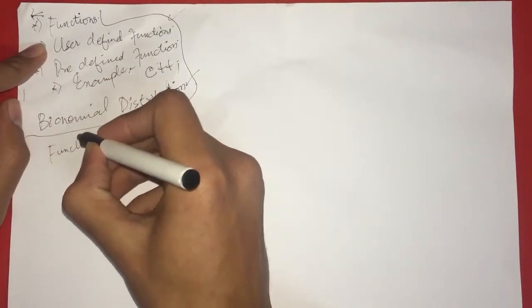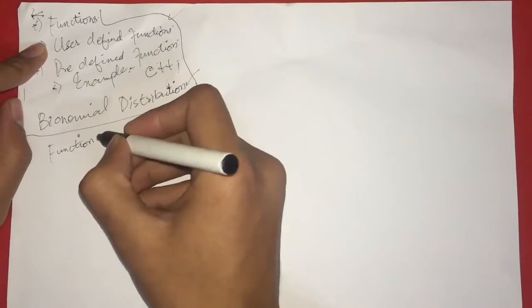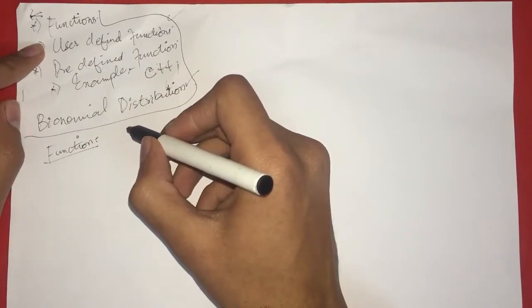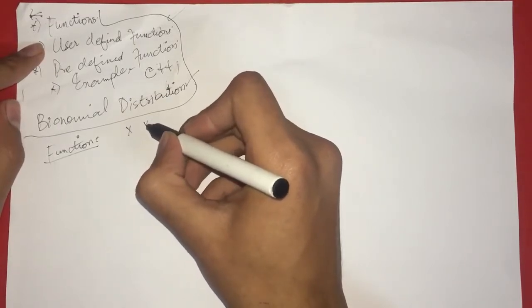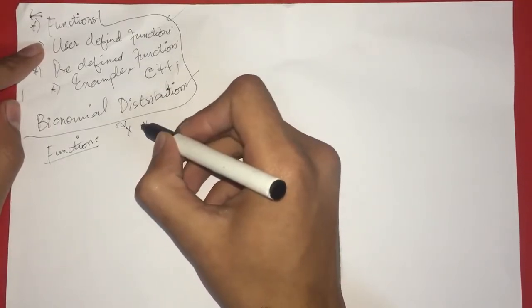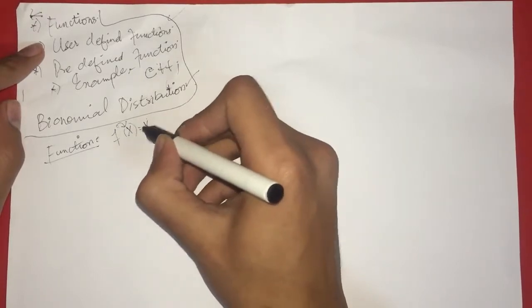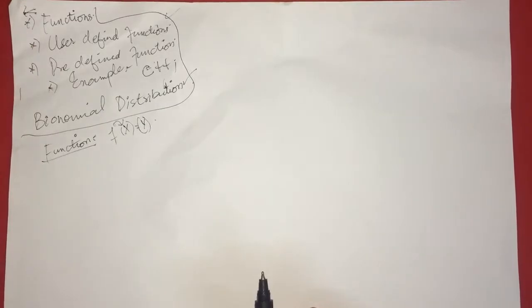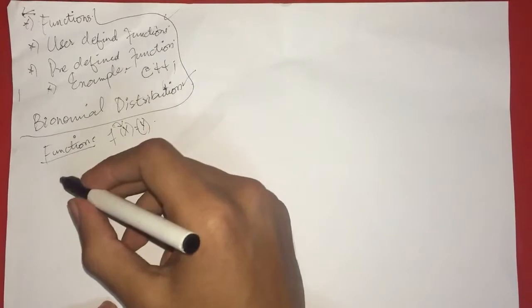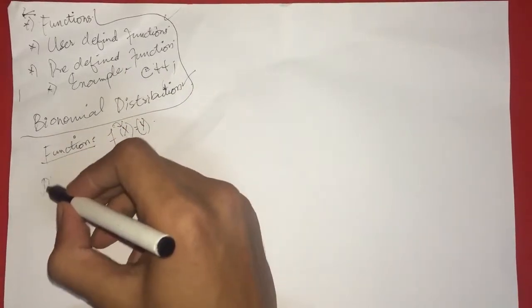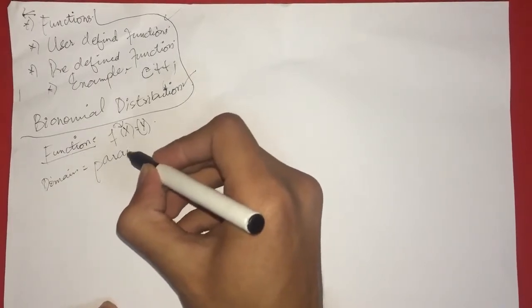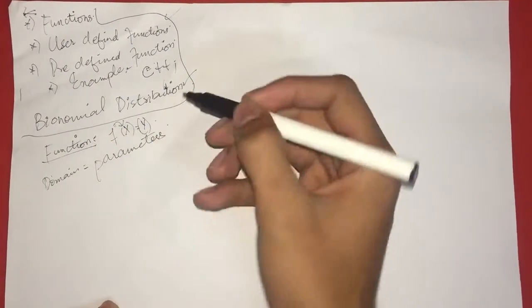As I discussed earlier in my videos, a function basically consists of two variables, x and y, where you input the domain x and it provides you with the range, that is y. In programming it's the same concept: the domain equals the parameters of the function, or arguments.